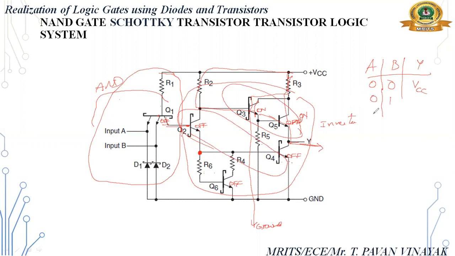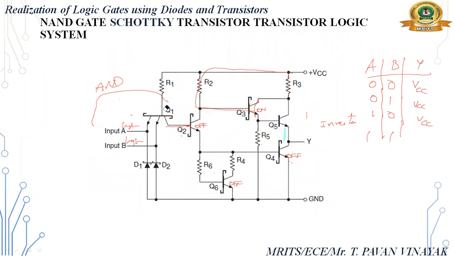So whenever any one input is 0, this one is off. This transistor is off means the output is always VCC. When both inputs are high, this will be on.